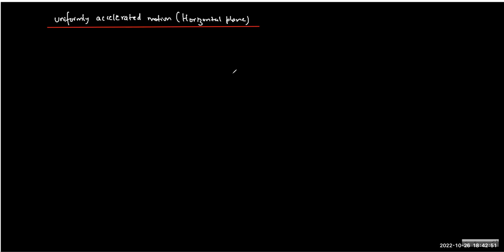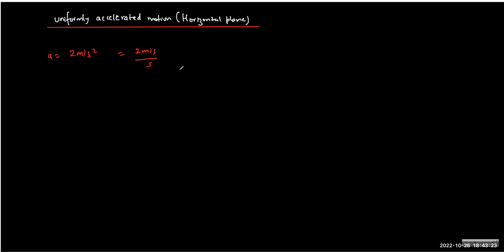So let's say you say acceleration 2 meter per second square. Now what does it mean? It means 2 meter per second per second. So the idea is, you change the velocity by 2 meter per second every second. So every instant you're going to change by this value.